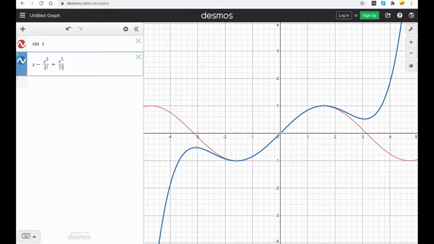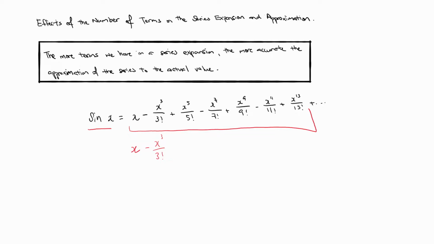Now, for better reference, I'm going to write this down over here. Remember that when we chose 0.8 as our x value, the actual value when we key in sine 0.8 in radian mode would be, let's recall that, 0.71736 to 5 SF.